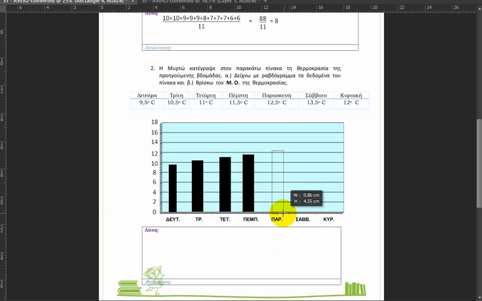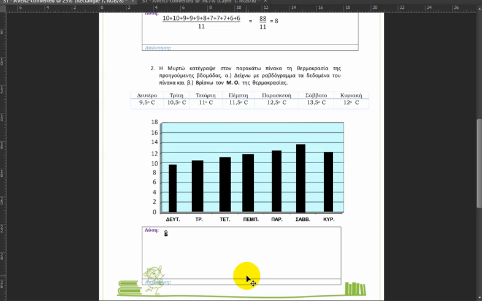Just a little bit. 13.5 is going to be almost at the 14 line. And then 12 is going to be right here. Right on the 12 line. So that's how it's represented on the chart.